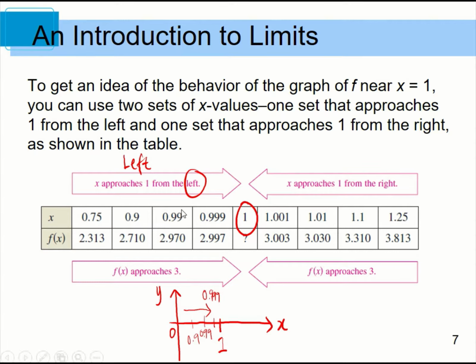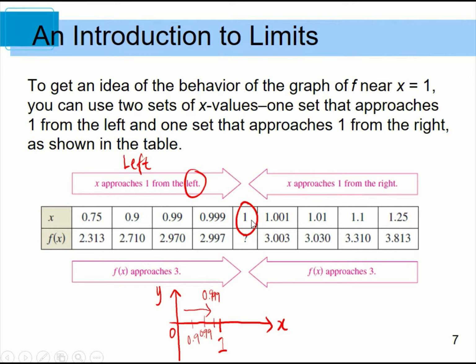So we calculate the value of y. What can we say about y when x is getting closer to 1 from the left? We say the value of y approaches 3. So we can see y is getting closer to 3.